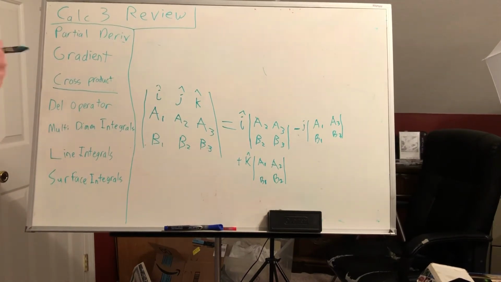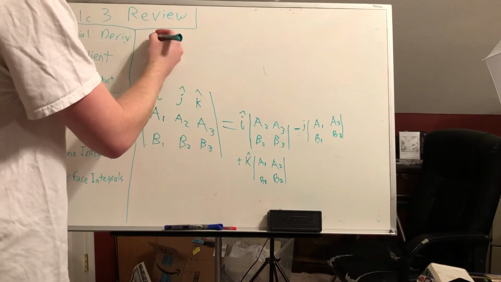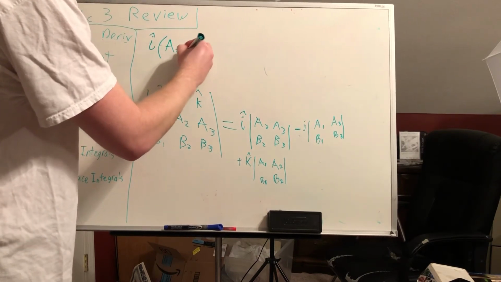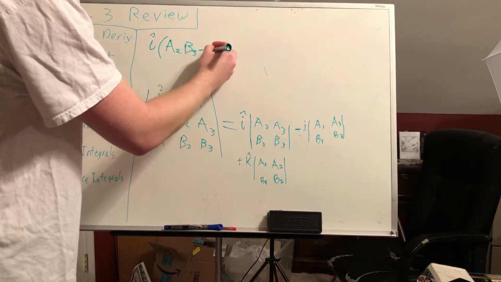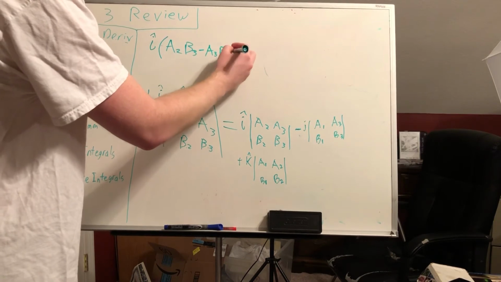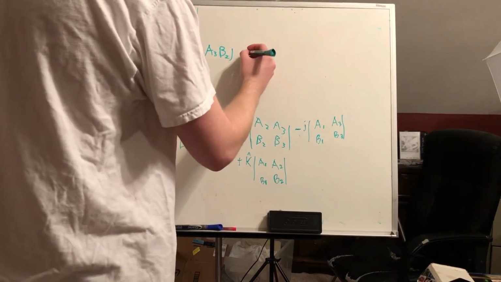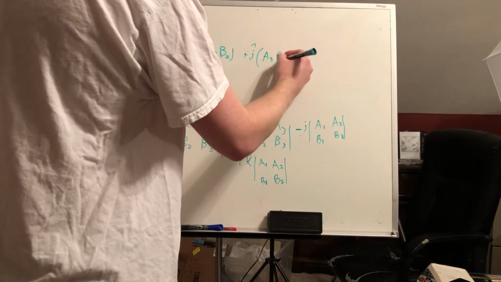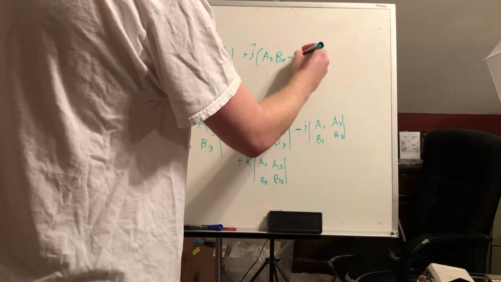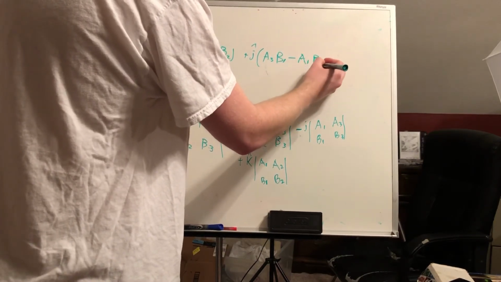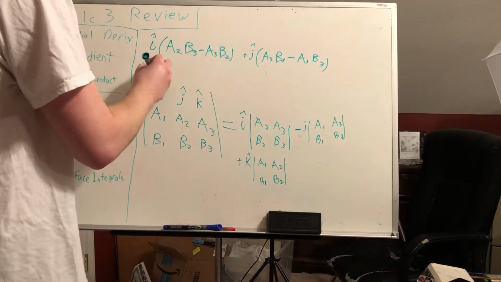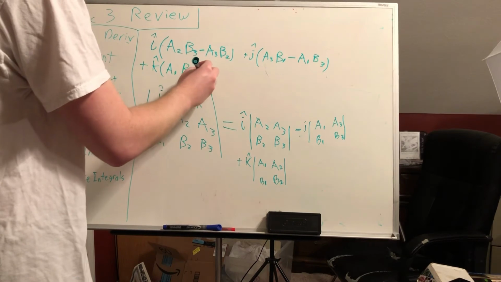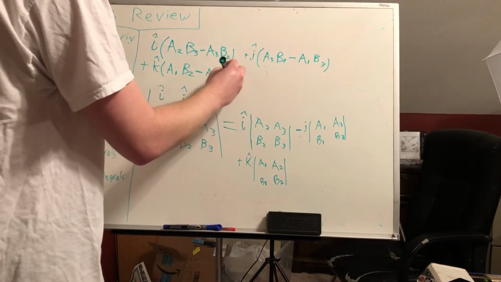So in the end, we finally get the first component, I, going to be A2 B3 minus A3 B2, plus J, going to be A3 B1 minus A1 B3, plus K, A1 B2 minus A2 B1.